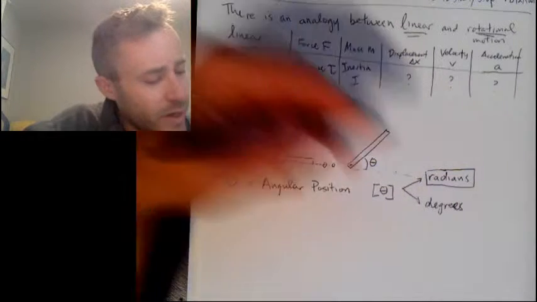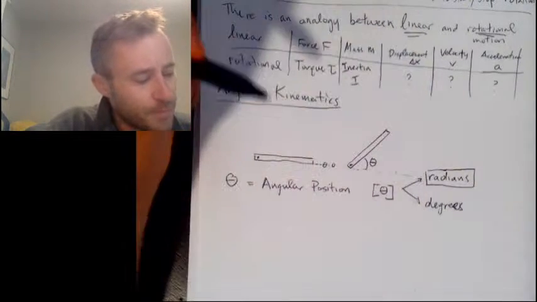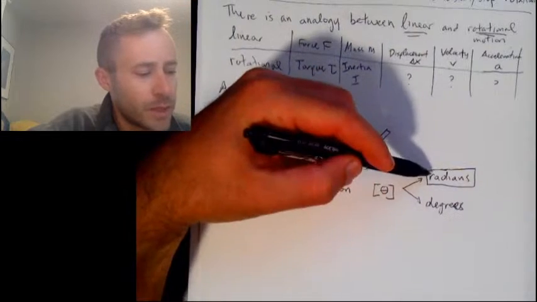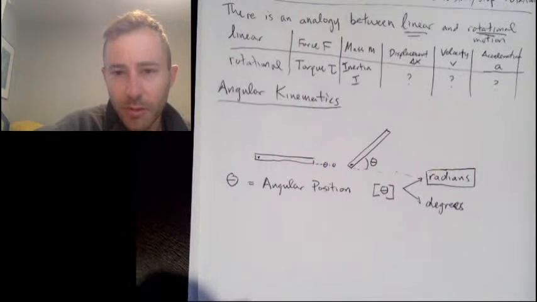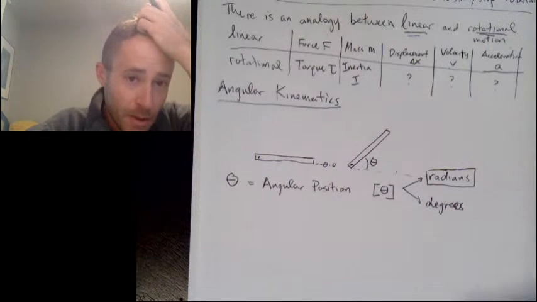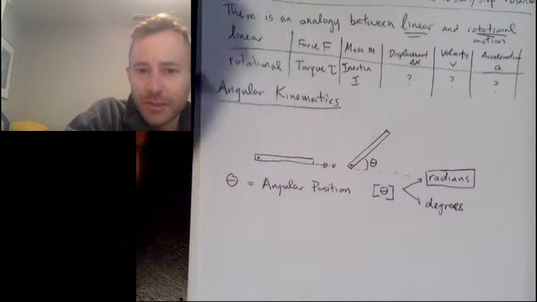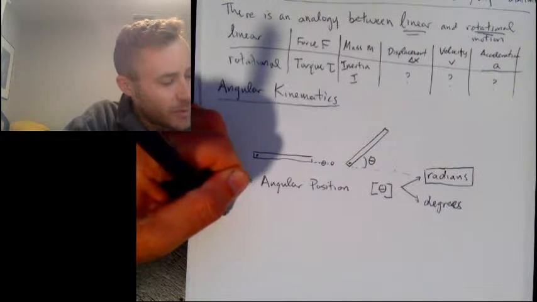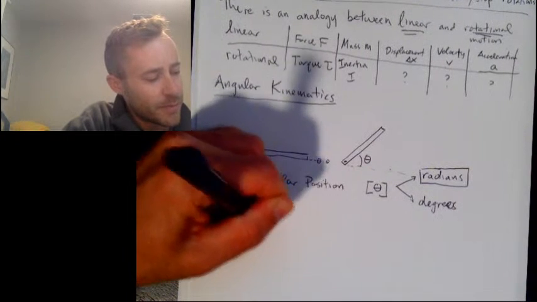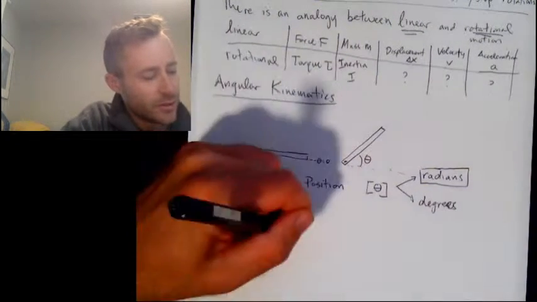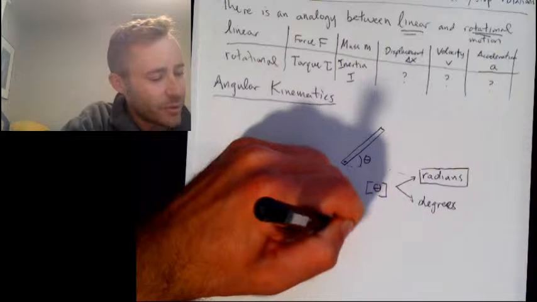You can use degrees, but it's going to be easier, and I'll explain why in the next lesson, to use radians when we're talking about angular kinematics. Okay, so that's angular position. Now there is delta theta, which is your final angle minus your initial angle, and that is called the angular displacement.